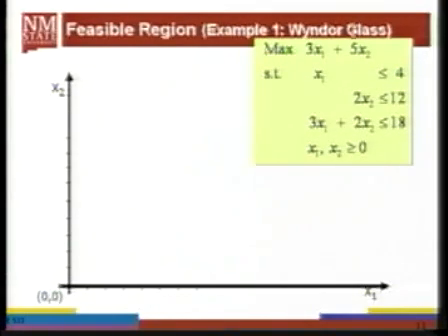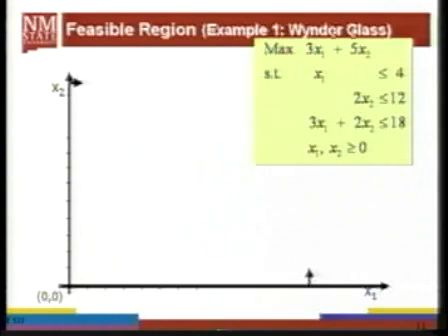And this is done by drawing each line that borders the range of permissible values for one restriction. So first, the non-negativity restrictions, x1 greater than or equal to 0 and x2 greater than or equal to 0, require both x1 and x2 to lie on the positive side of the axes, right?